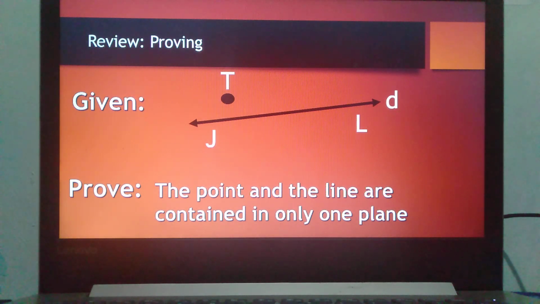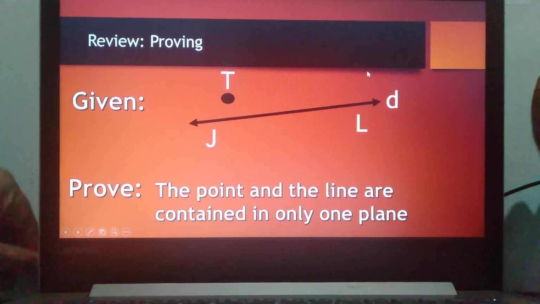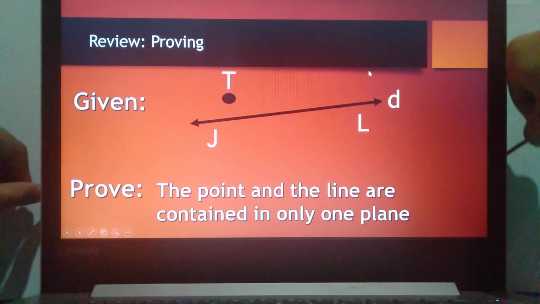Alam natin lahat ng definitions and theorems for us to support our answer. Hindi kasi tayo makakapunta dito sa pinoprove natin kung hindi natin alam yung mga definitions and theorems na meron tayo in terms of mathematical system.